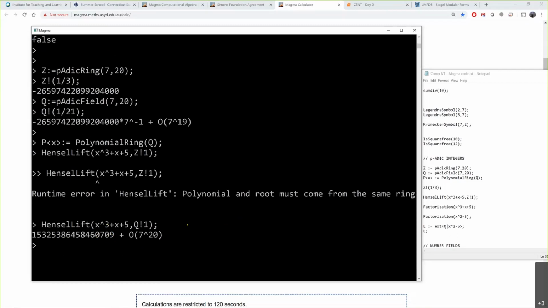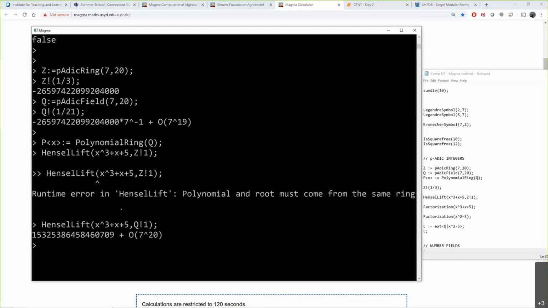Hey, Alvaro? Yeah. There's a question. Somebody's asking, what's the difference between p-adic ring and p-adic field? So the p-adic ring is Z7. Let me write it here, but this is not going to compile. Z7 is the ring of p-adic integers, things that start with 1 plus 7 plus 7 squared plus 7 cubed and so on.